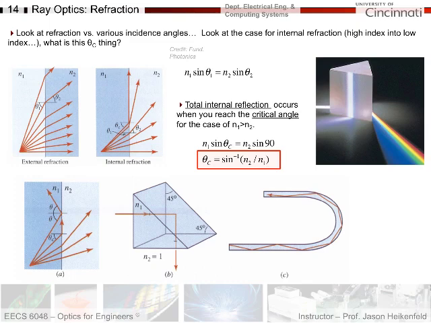How do I calculate that? Well, it's simple. You reach it at the point where my external angle becomes 90, so I'll substitute 90 in for theta 2. That becomes 1. I'll move n1 over to this side, so I'll have n2 over n1. I'll take the inverse sine of both sides and end with theta c equals the inverse sine of n2 over n1.